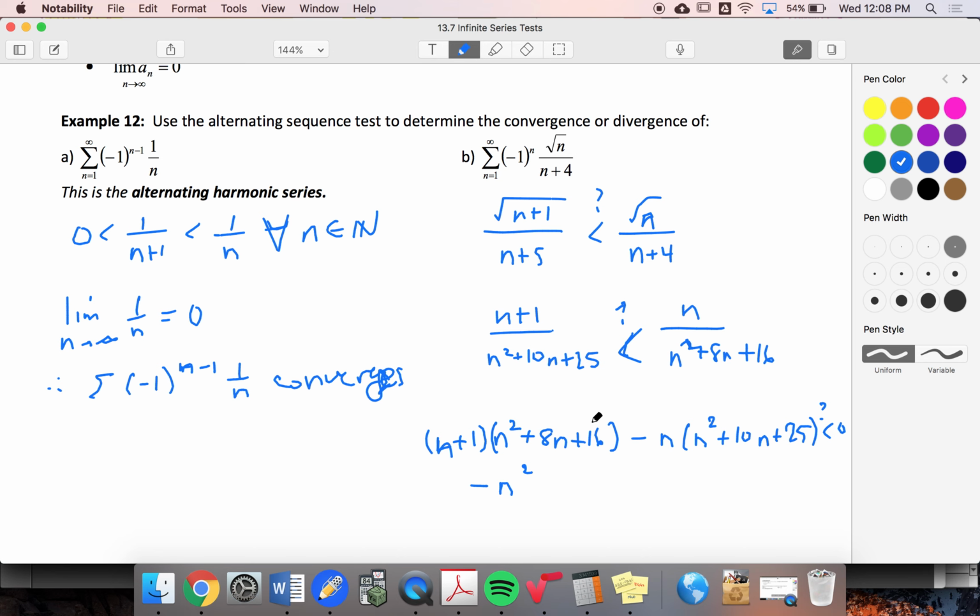And now I'm going to have 16n plus 8n is 24n, minus 25n is negative n, and then I have 16, and that's it, so plus 16. And the question is, is that less than 0?